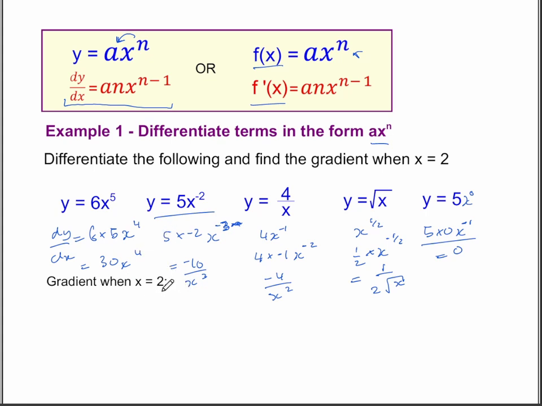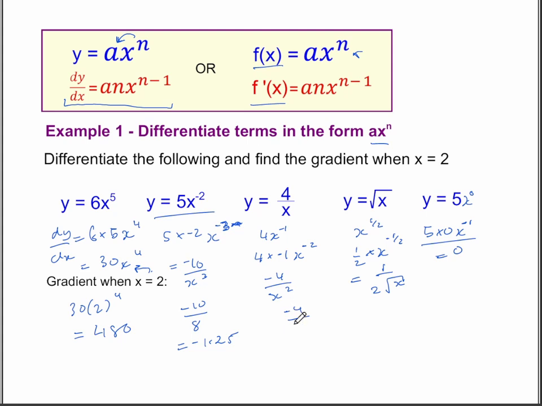Then to find the gradient when x equals 2, you just substitute that value into the x for each derivative. 30 times 2 power 4 is just going to be 480. Negative 10 over 2 power 3, which is 8, is just going to be negative 1.25.